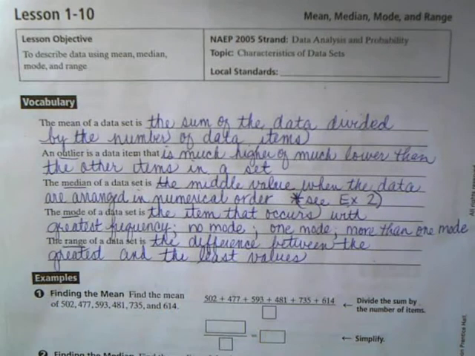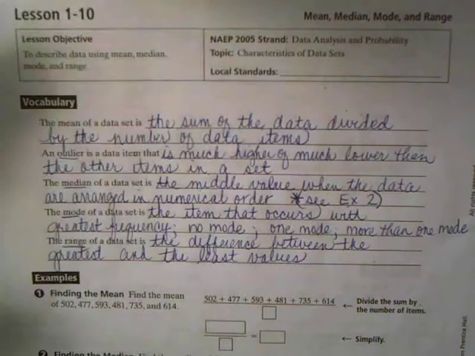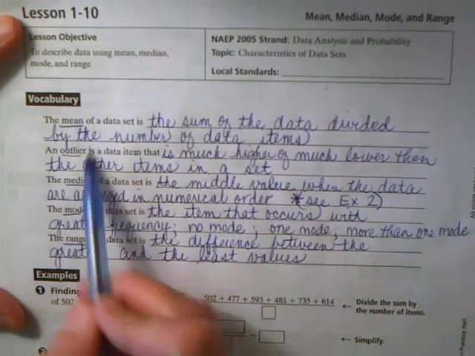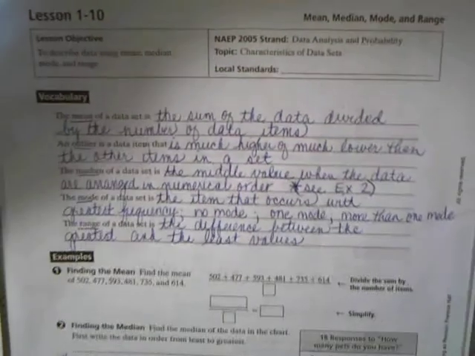Difference means subtract, so you take the greatest value in your set of data and subtract the smallest value in the data. Those were our terms: mean, median, mode, and range, and we also discussed what an outlier is.